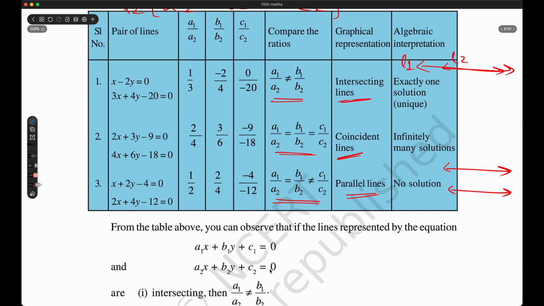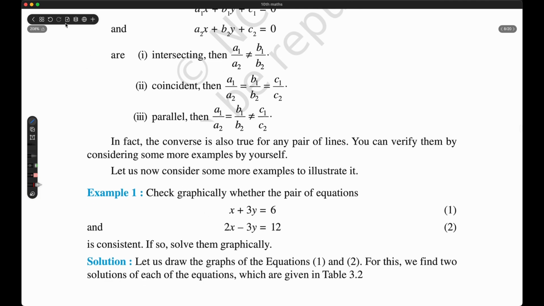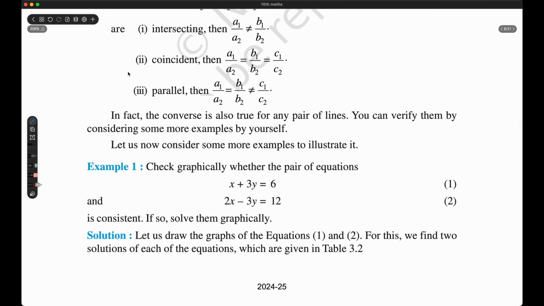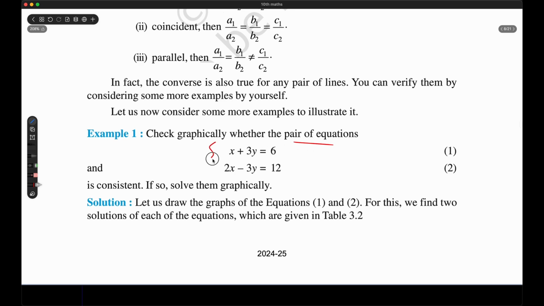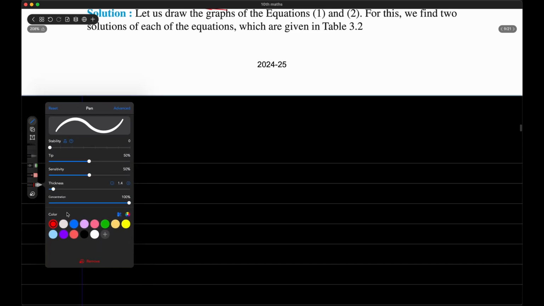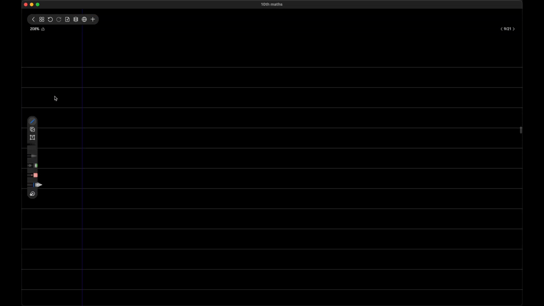Now example 1. We have to check graphically whether the pair of equations is consistent or not, and if the lines are consistent, then solve graphically. Equation of line 1 is x plus 3y equals 6, and equation of line 2 is 2x minus 3y equals 12.